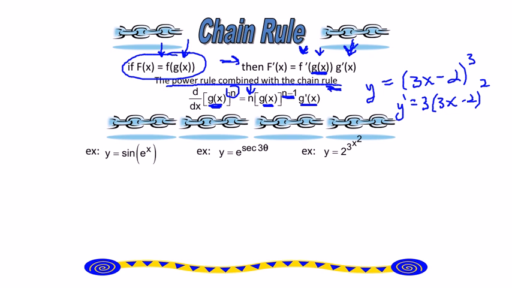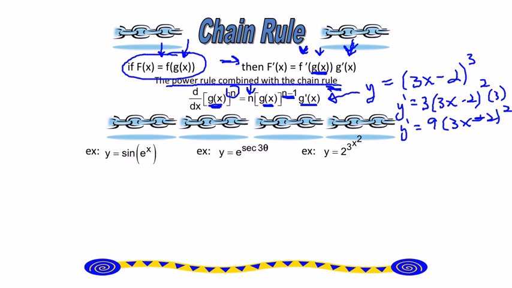So the derivative of 3x minus 2 is 3. Cleaning that up a bit, we would get 9 times (3x minus 2) squared. That would be our derivative. I call it the power chain rule. It's another version of the chain rule.